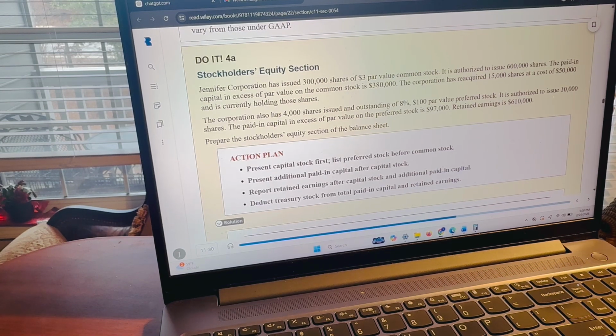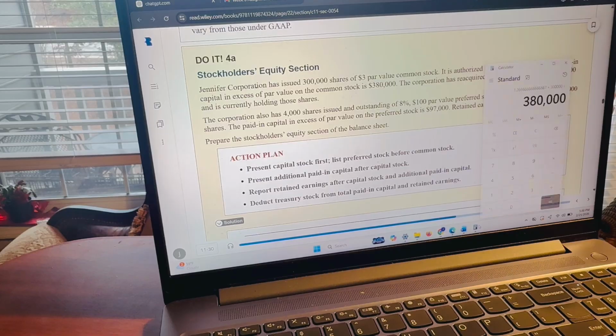So that just means you take the $100 par value, because remember with preferred stock, they treat par value almost as if it's a bond rate, like it's the coupon rate. With bonds, you take the face value and multiply by the coupon rate, and that's the interest amount owed annually to investors. Same thing here, but you're dealing with preferred stock and not bonds.